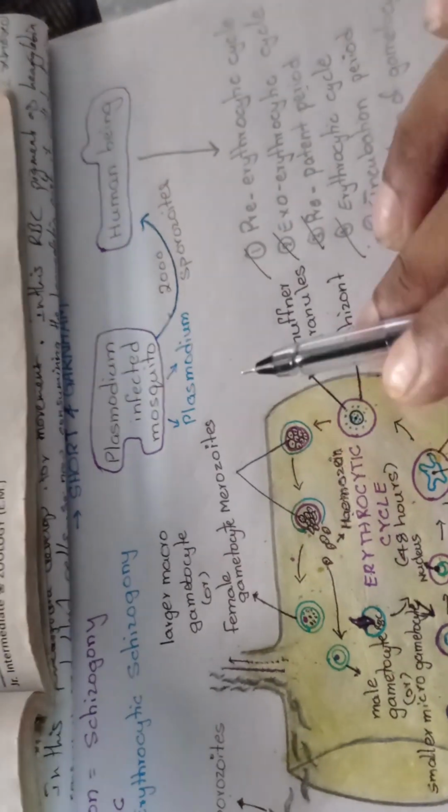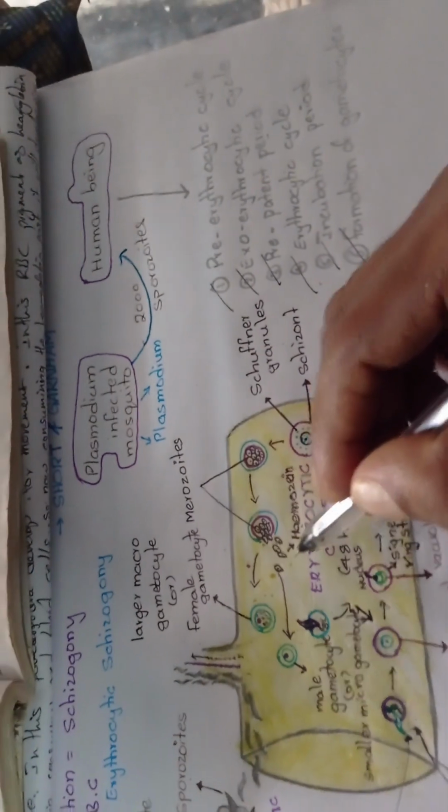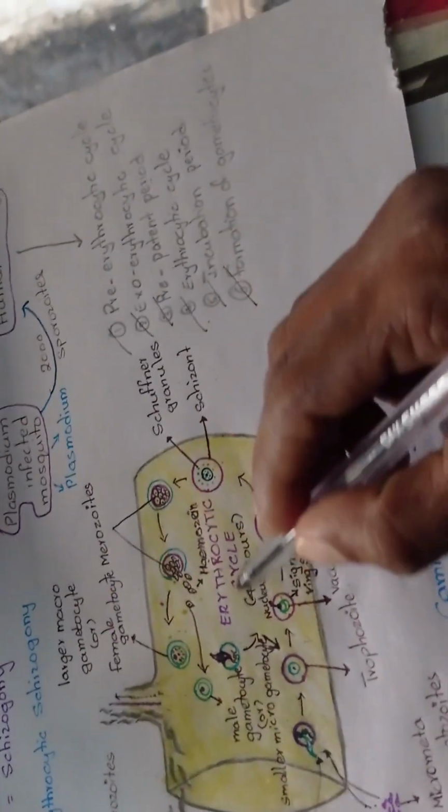This process generally takes place when the RBCs are present in the spleen and bone marrow.